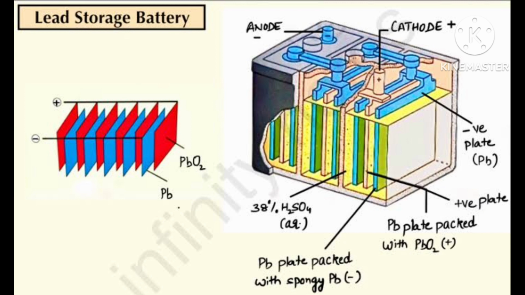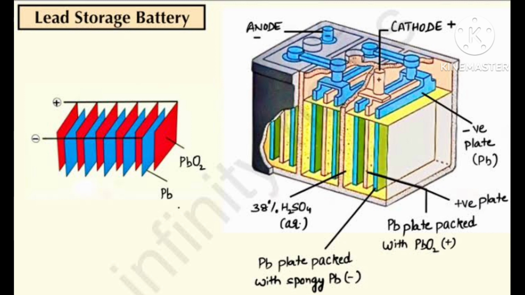What is the main characteristic of a secondary battery? A good secondary cell can undergo a large number of discharging and charging cycles. Many times you can charge it. I am talking about the very common secondary battery.